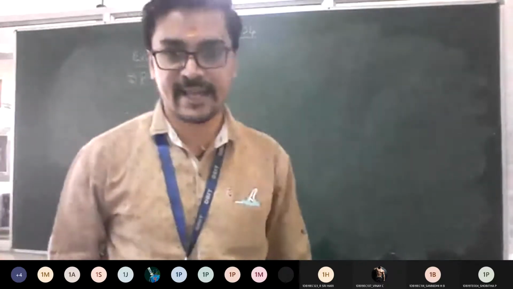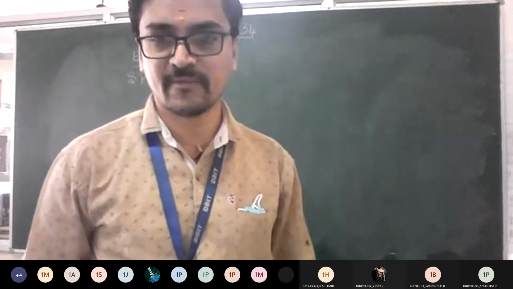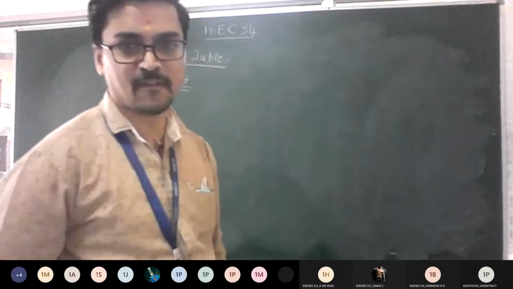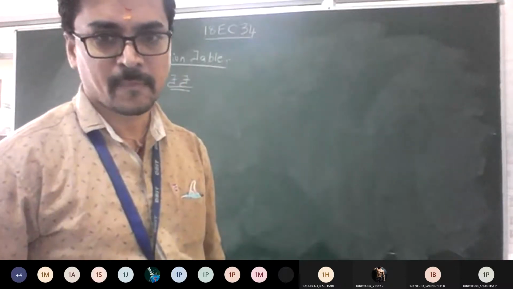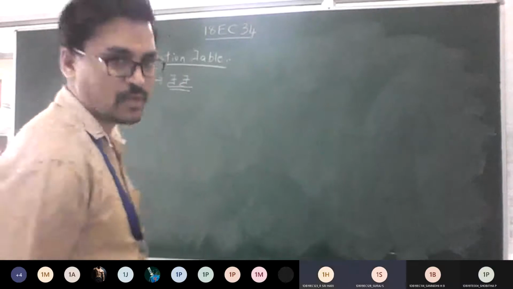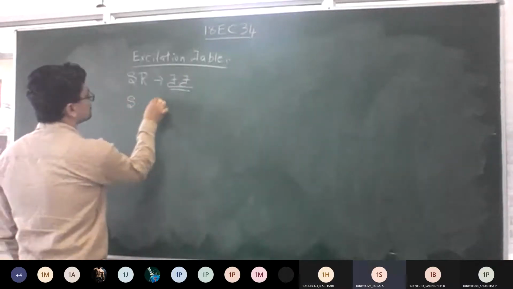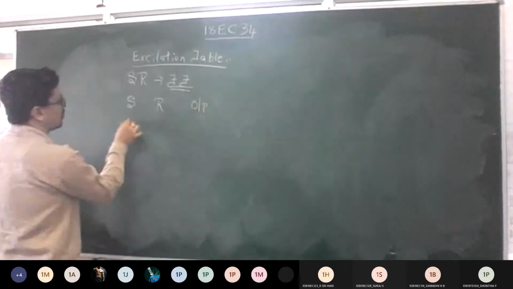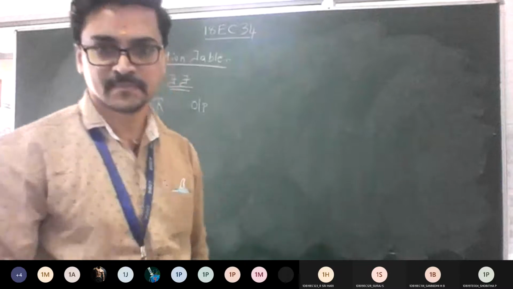Before understanding the excitation table, let's write a normal truth table for the SR flip-flop. How many inputs do you have in the SR flip-flop? Two inputs. What is the meaning of S and R here? Set and reset. Good.